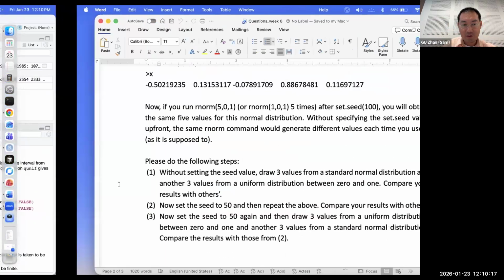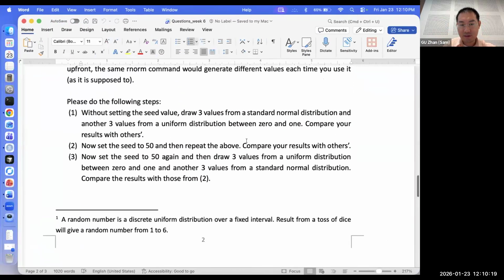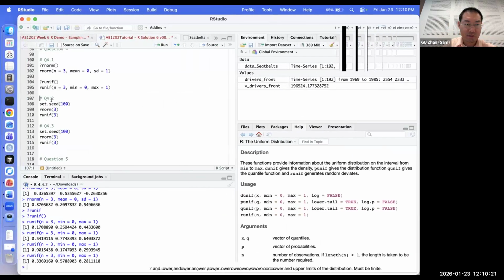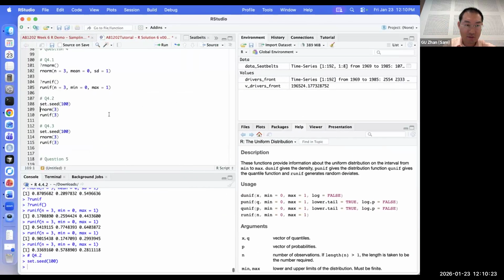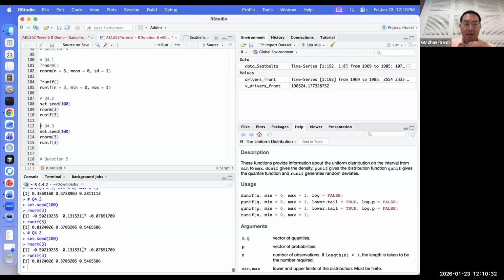So Q4.2 says now set the seed to 100 and repeat the above, then compare your result with others. So set.seed 100, rnorm 3, runif 3, and you get these 6 numbers. Then you run set.seed again and run the same lines of code, and you observe that these 6 numbers are the same. So set.seed sets a long list of random numbers.